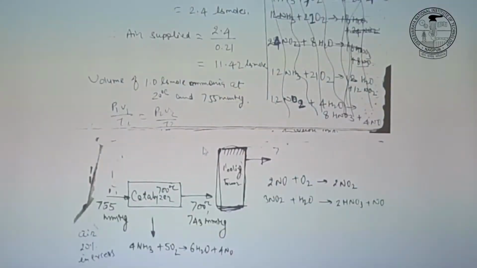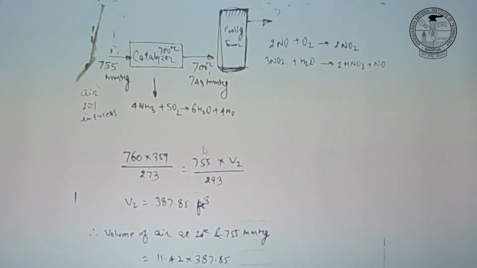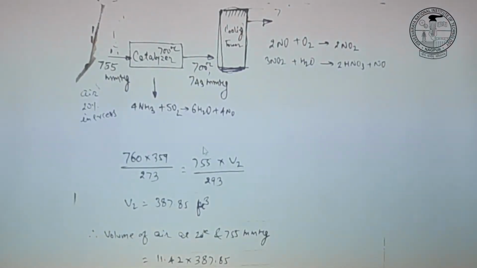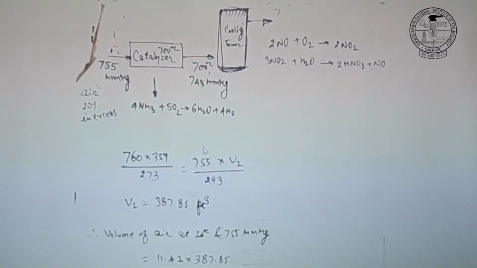So here you see, at 0 degree centigrade temperature, which means 273 Kelvin, and 760 mmHg of pressure, any gas, if it is 1 lb mole, will occupy 359 cubic feet of volume, right? I have written the temperature in Kelvin and pressure in mmHg.